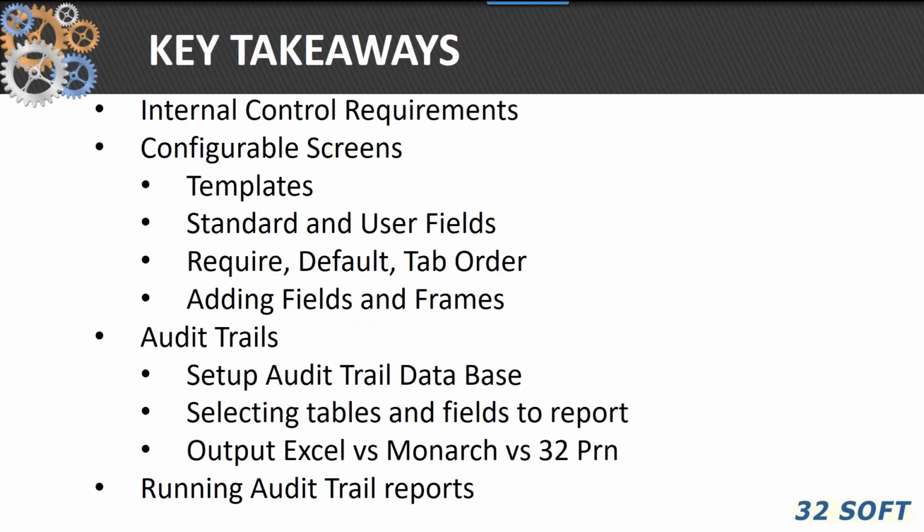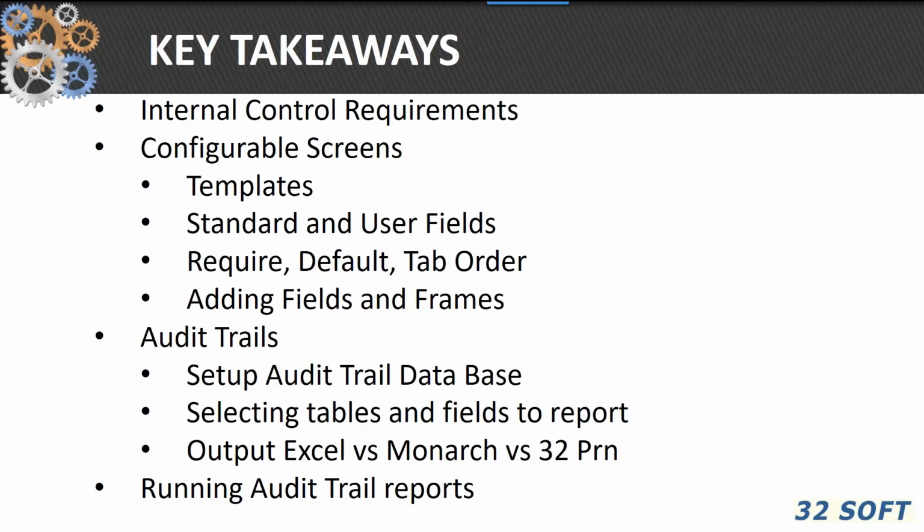So today we've kind of looked at some internal requirements. We've talked about configured screens, templates, standard user fields, required default tab order that you can set, adding fields and frames. Then we've looked at audit trails, setting up audit trails.